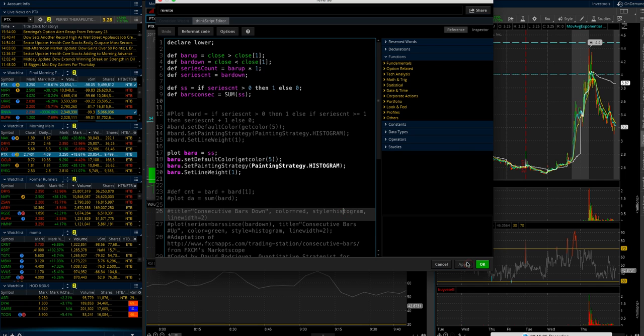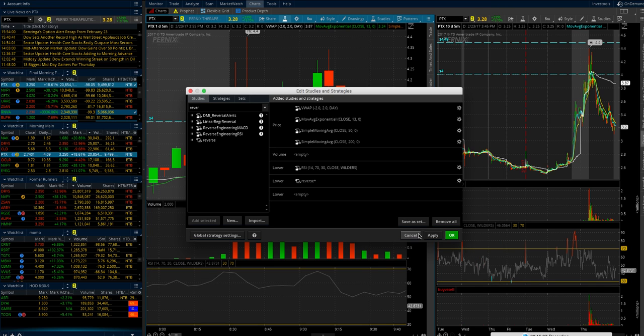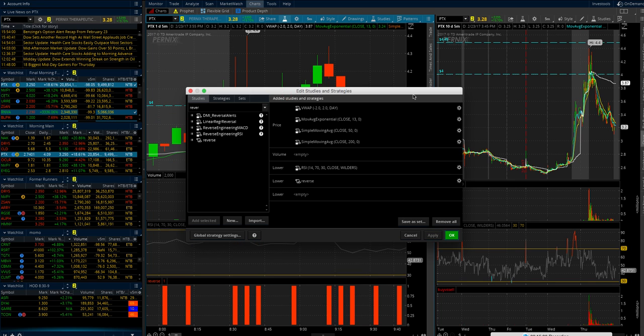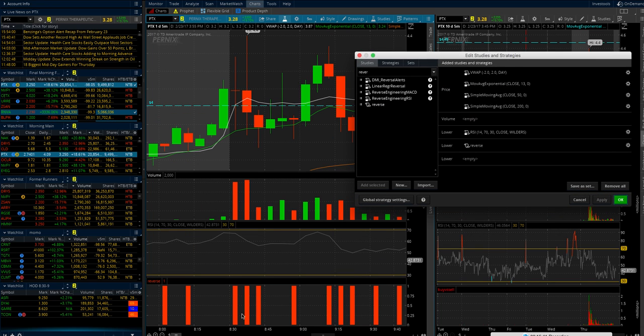So basically what I have currently is, it counts each red candle, but I haven't figured out how to count each candle in a sense that here's one candle that's red, one, and then the next candle I want it to become two, and then the next one I want it to become three, and then whenever it's a green candle I want it to go back down to 0 and then do it again.